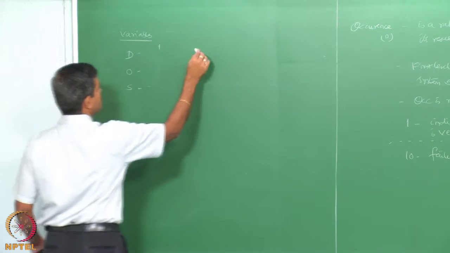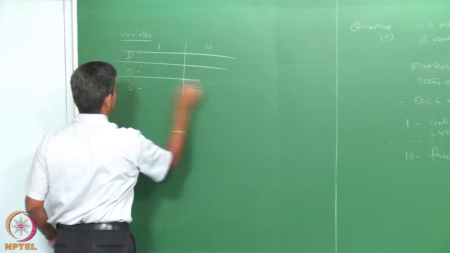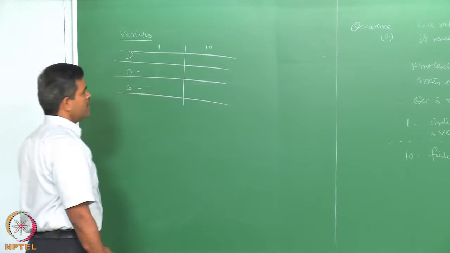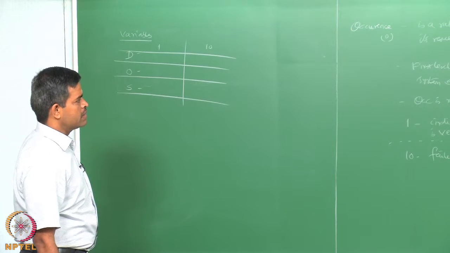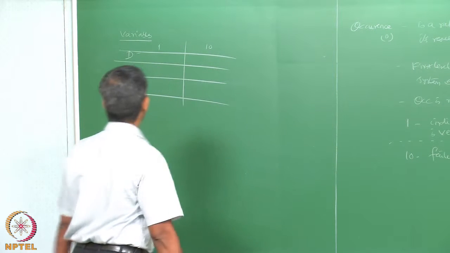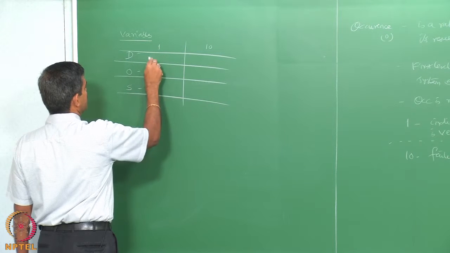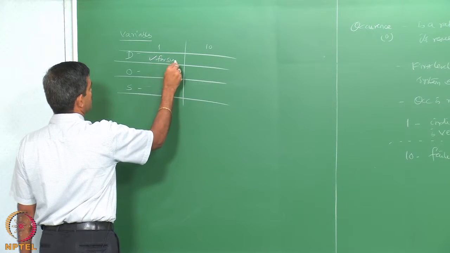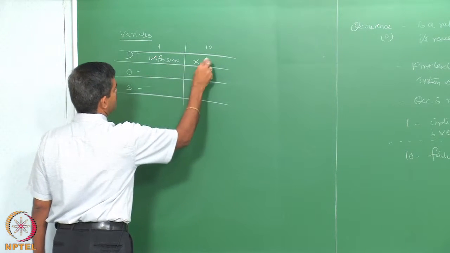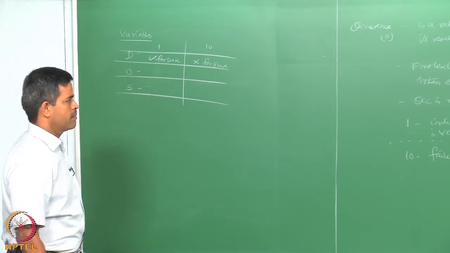So, let us say 1, 10. We would like to just summarize this. If I say detectability 1, it means that the component failure can be detected for sure. 10 means it cannot be detected for sure.